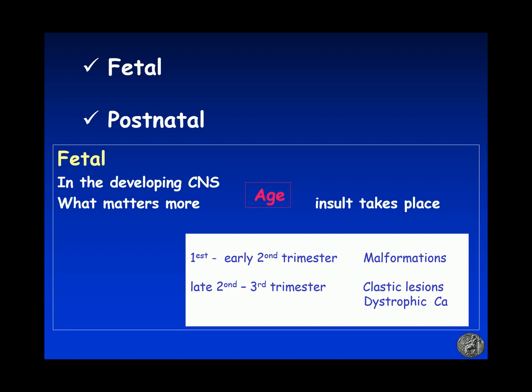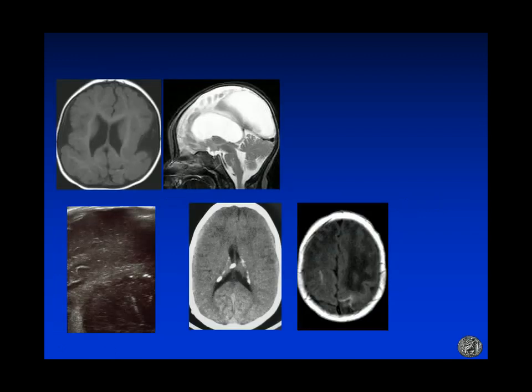If the infection is contracted very early, between the first and the second trimester, this results in malformations of the brain. If the infection is contracted later, during the second to the third trimester, this results in clastic lesions and dystrophic calcifications.